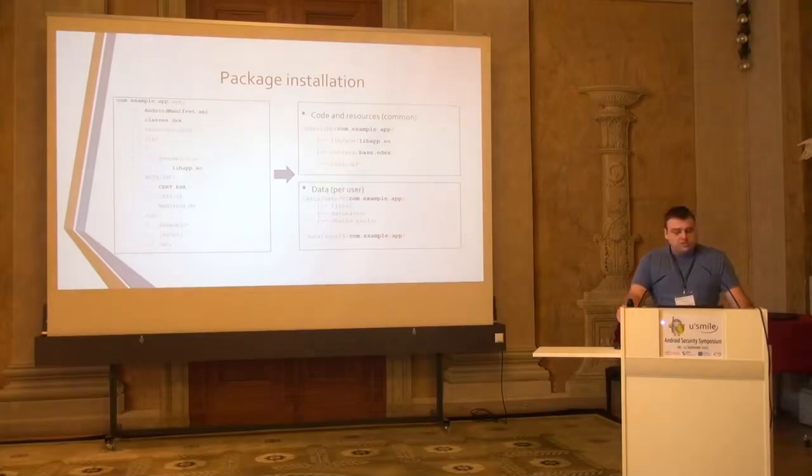Another important aspect of how the sandbox is implemented is how packages are installed. If we look at it in a bit more detail, we have an Android package. An APK file is basically a zip file. It has a bunch of predefined files in it. Most importantly, AndroidManifest, which stores anything from permission to component declarations.